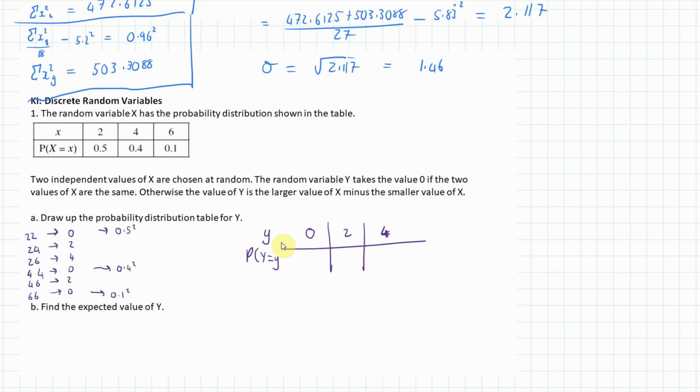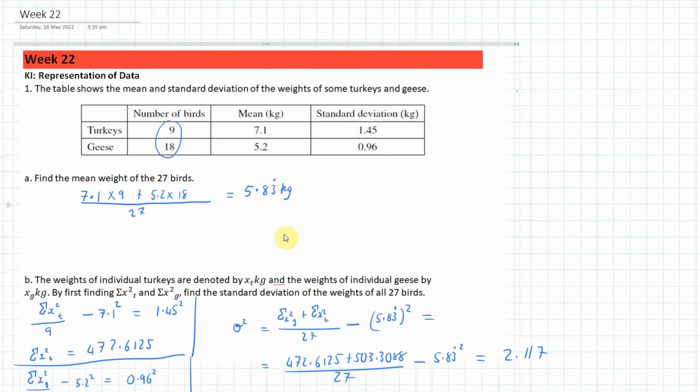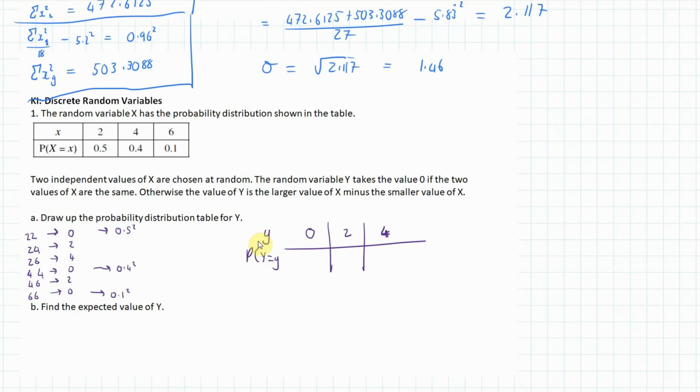These ones are all zeros because they're the same. So we add them all together, and this will be a probability that we're going to stick in here. So 0.5 squared plus 0.4 squared plus 0.1 squared. I'm getting 21 over 50 or 0.42.